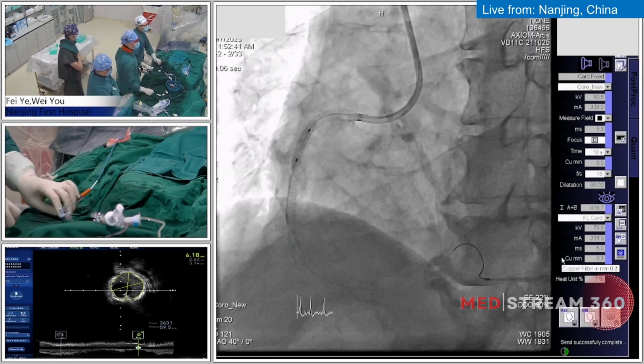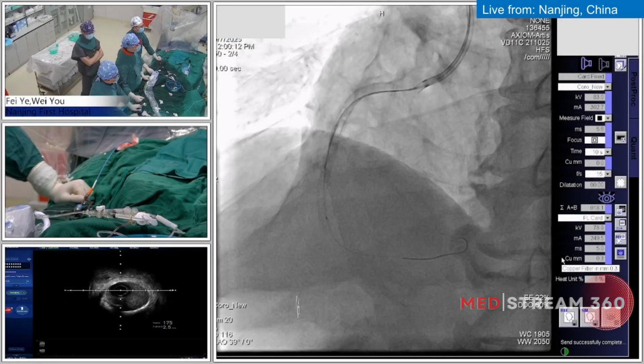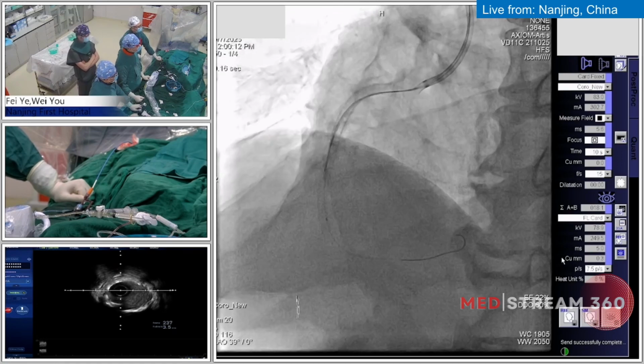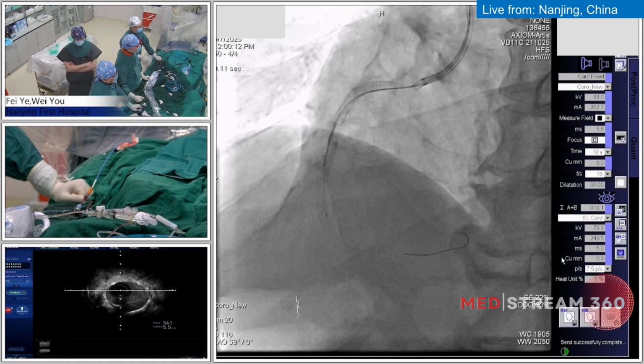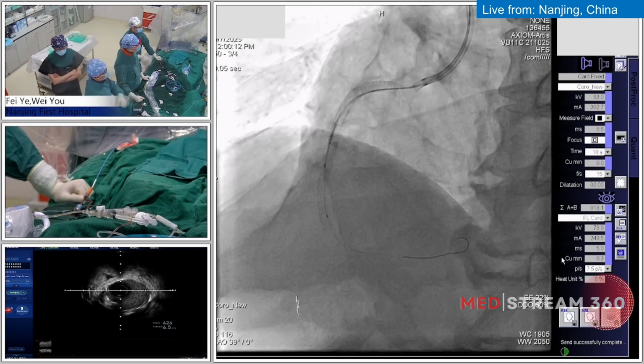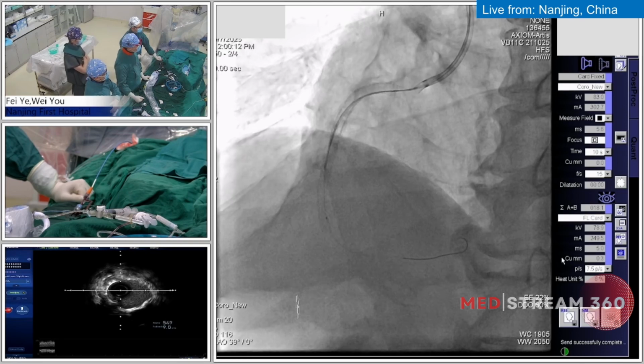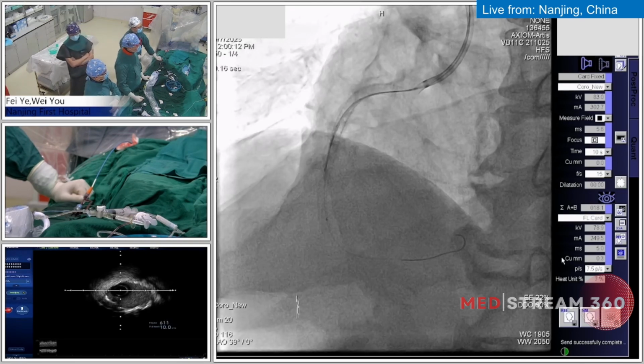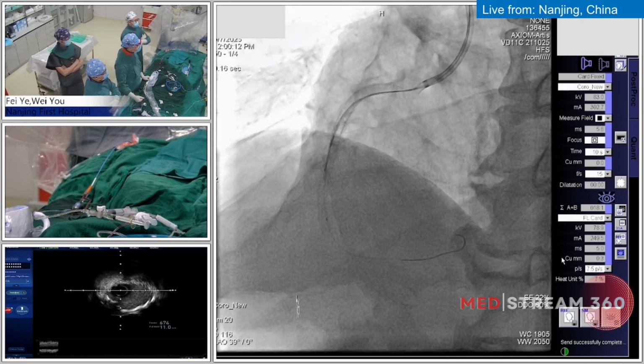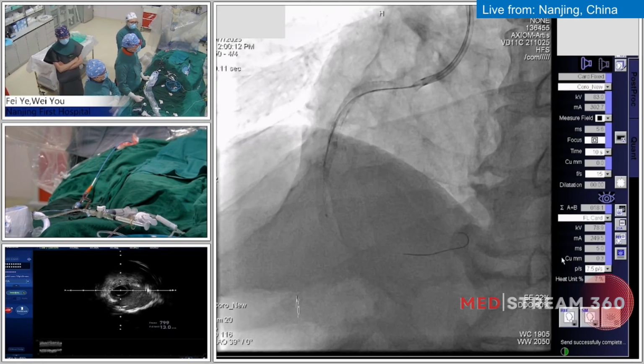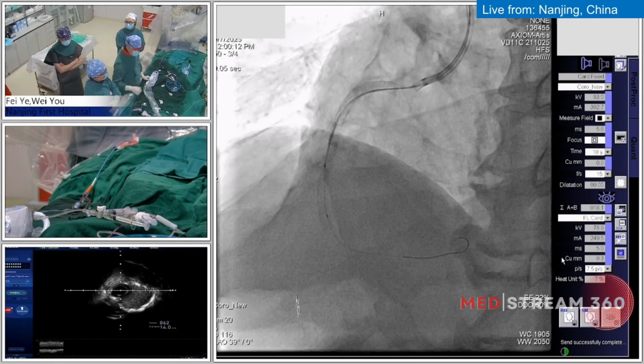We don't want to use a smaller balloon to predilate the lesion and then put in a larger stent. Sometimes after stenting, we find the stent underexpanded, and the bailout strategy is very limited. So that's what you always teach us: use a big-size balloon to predilate, not a small one, just a one-to-one NC balloon.